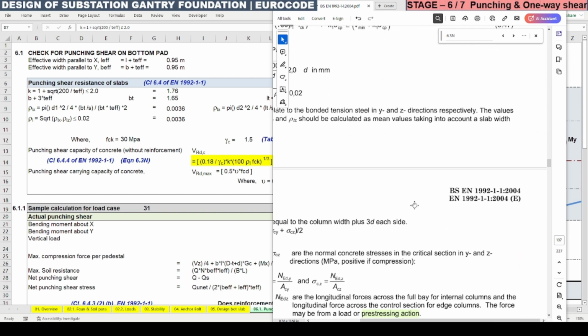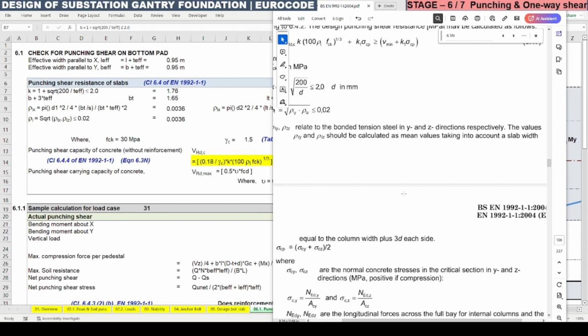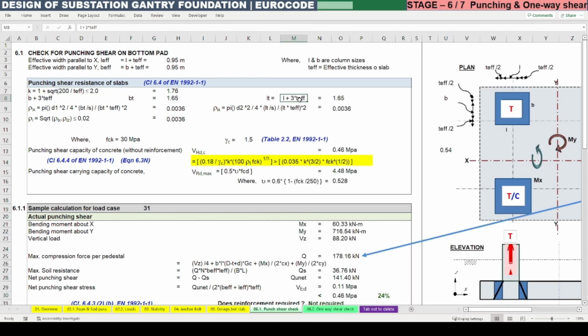It means we need to measure the reinforcement from the slab width, which is equal to the column width plus 3 times the effective depth of the raft. So this equation, B plus 3 into d effective and L plus 3 d effective, we need to consider up to this. These values are in meters. So over this meter span we need to consider how much reinforcement percentage is required.